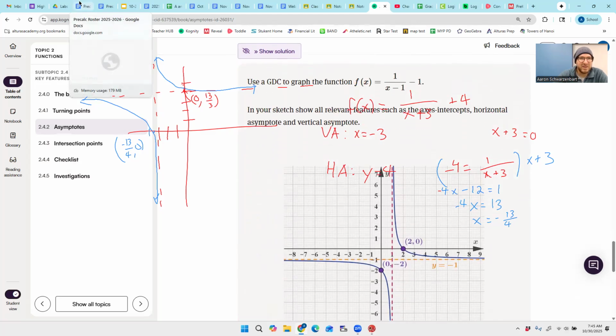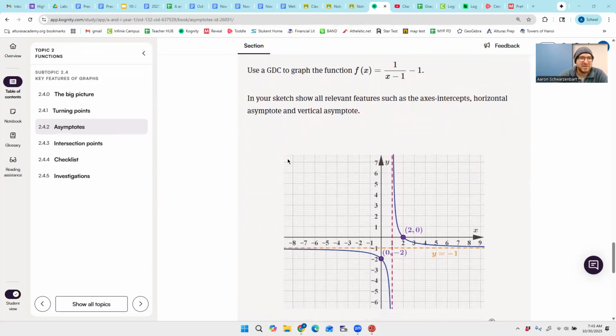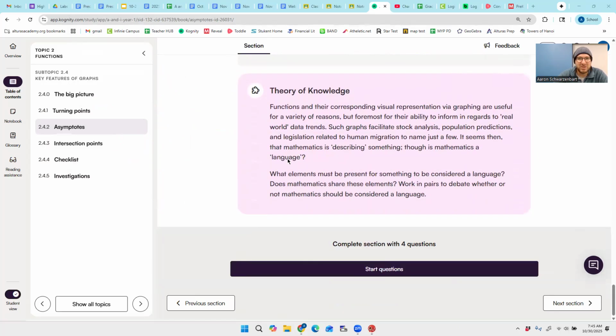Okay, quick theory of knowledge connection, and then we'll do intersection points. Functions and their corresponding visual representations via graphing are useful for a variety of reasons, but foremost for their ability to inform in regards to real-world data trends. Such graphs facilitate stock analysis, population predictions, and legislation related to human migration, to name a few.